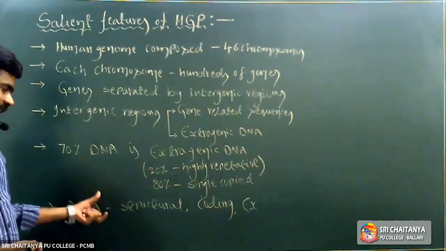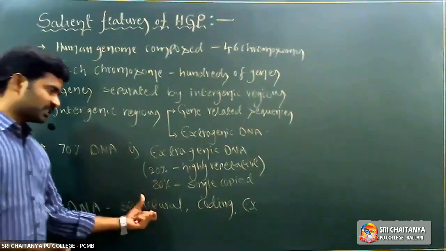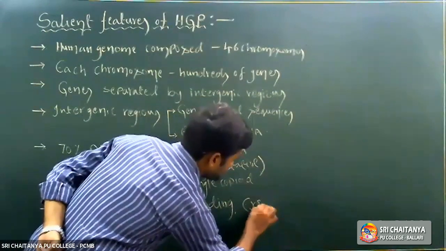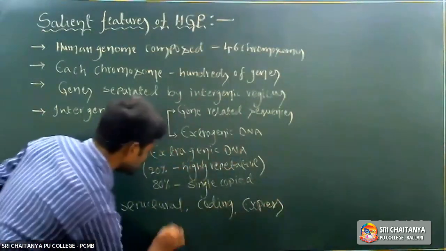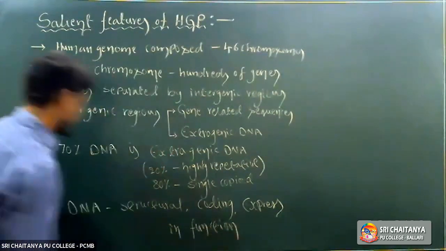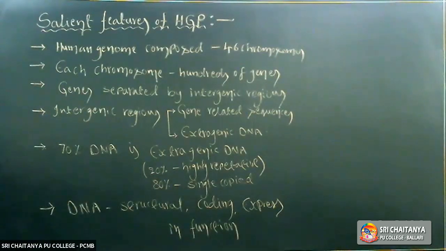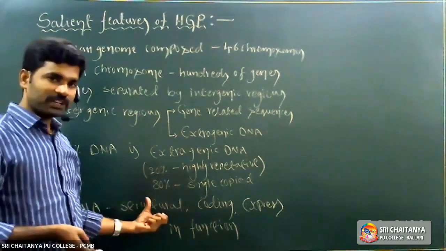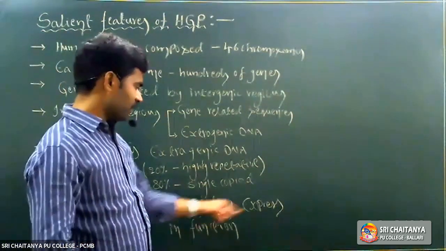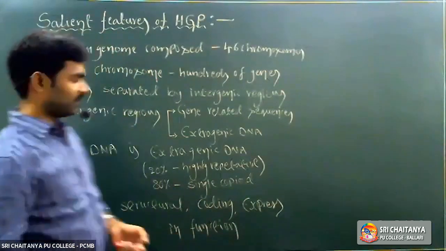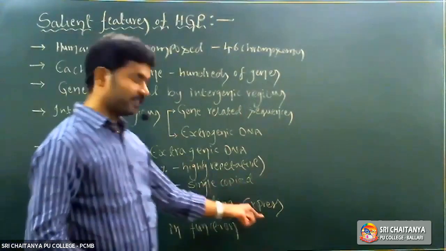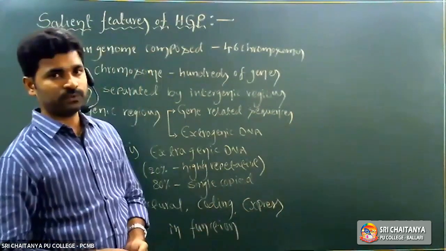So the DNA or genetic material or genes are structural, coding, and expressive in function. It means the DNA molecule participates in the formation of one particular structure, and it also codes one particular protein. It also expresses its characters, right? So the DNA molecule exhibits structural, coding, and expressivity in functioning.